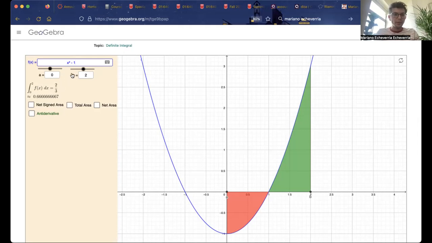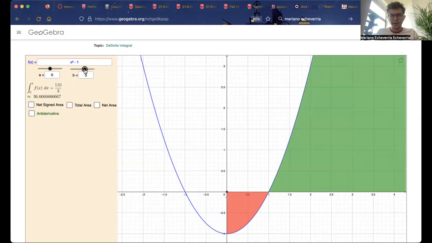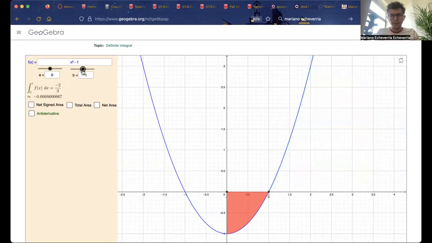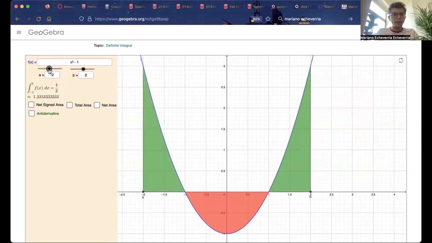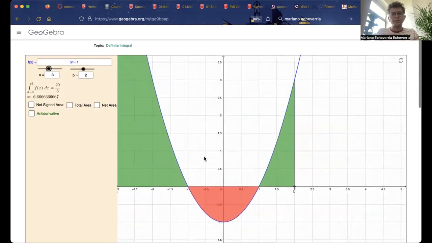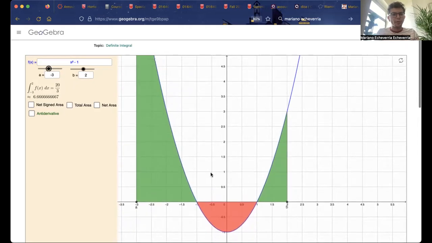Okay. So if you vary the bounds, which is what's happening here, there could be more area in this case, but also you could vary the other bound, say from -2 to 2, and you can play a little bit with this animation, or where you want to start the integral.